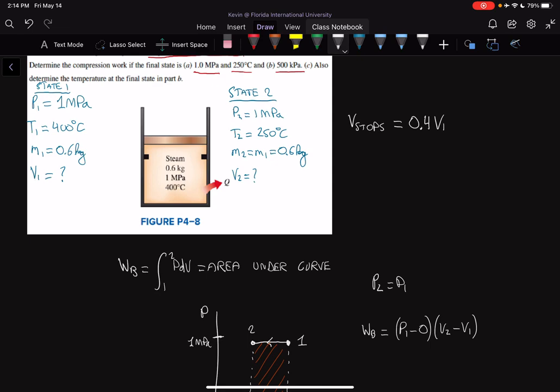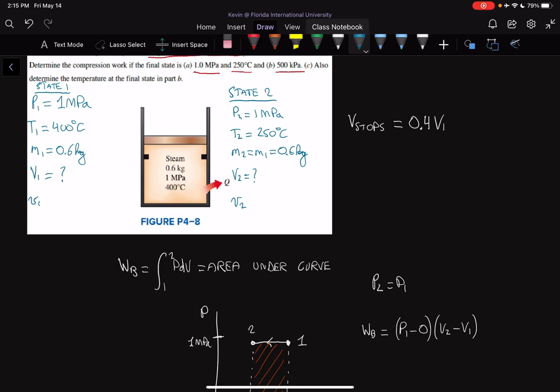In order to find V2 and V1, we're going to have to complete our state 1 and state 2. If you remember, if we have two independent properties at a state, we can find the third one. We have pressure and temperature, so we can find the third one. And the third one is actually not going to be volume, but specific volume. So we're going to be able to find specific volume at both points. Are we going to find specific volume using the ideal gas equation or using our tables?